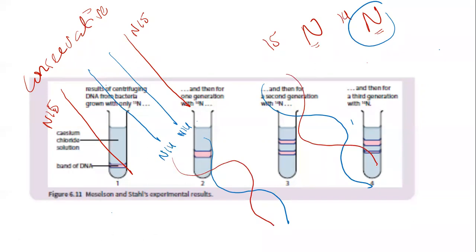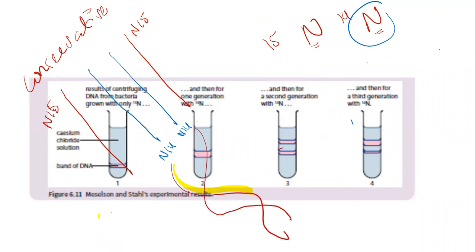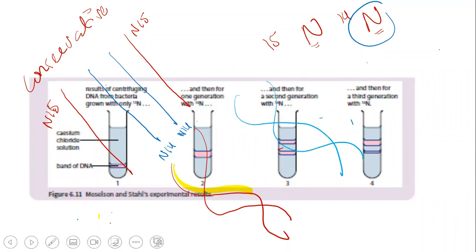They separated the DNA bands based on their mass. The DNA that was being copied, they would separate it based on their mass.